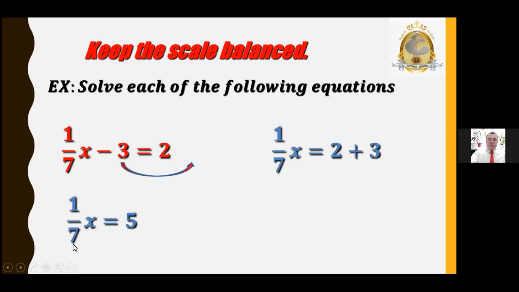The reciprocal of 1 over 7, yes, is 7. Then we will multiply by 7. We will move it to the other side by 7 to keep the variable x alone. Then x equals 5 times 7. Then x equals 35.